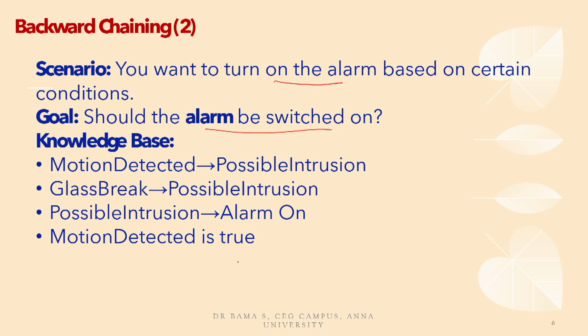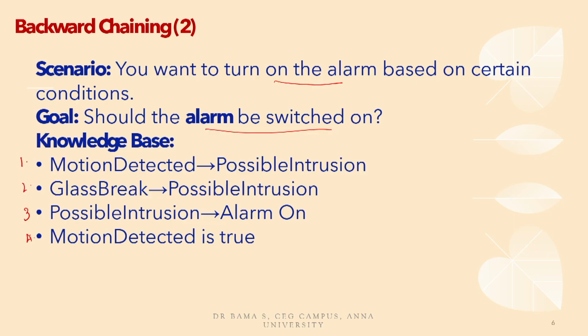So, the knowledge base consists of 4 facts. Again, I will just name them 1, 2, 3 and 4. Assume that if there is motion detected, then there is a possible case of intrusion. If there is a glass break, then there is a possible case of intrusion.